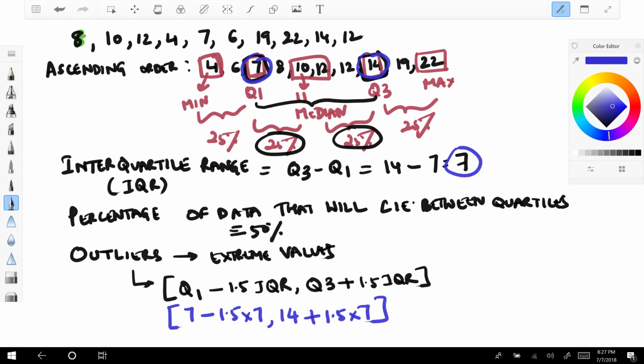So this, when you calculate, you will get an interval of negative 3.5 and 24.5.